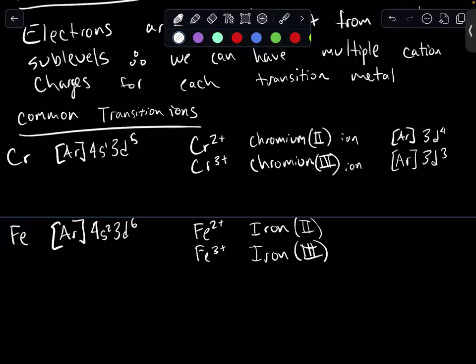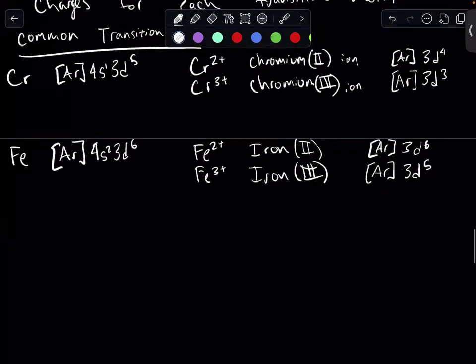And as we look at these electron configurations, it's very similar to what we did with chromium. So we'll have [Ar] 3d6 and [Ar] 3d5. All right, the last common ion is copper, which has our configuration [Ar] 4s1 3d10.